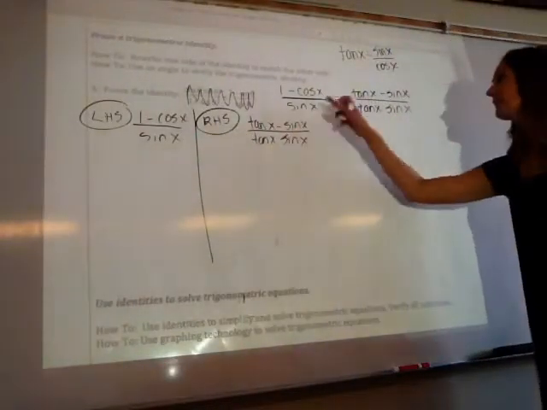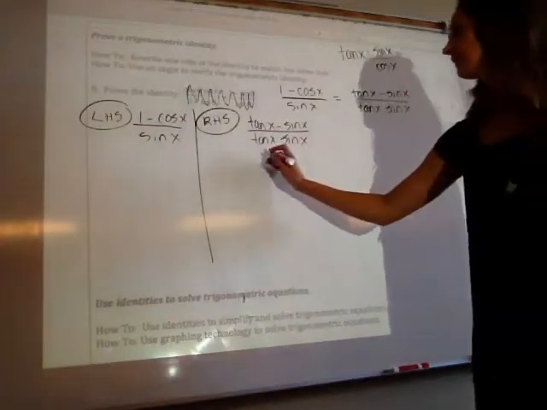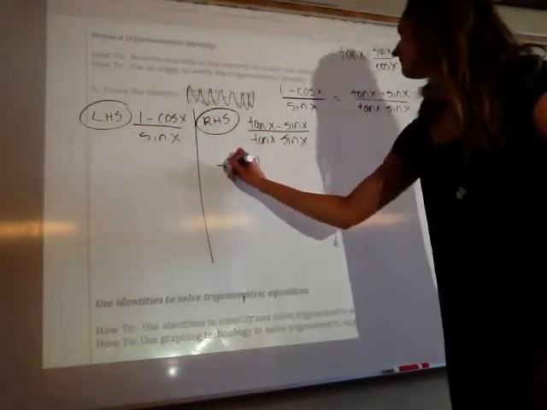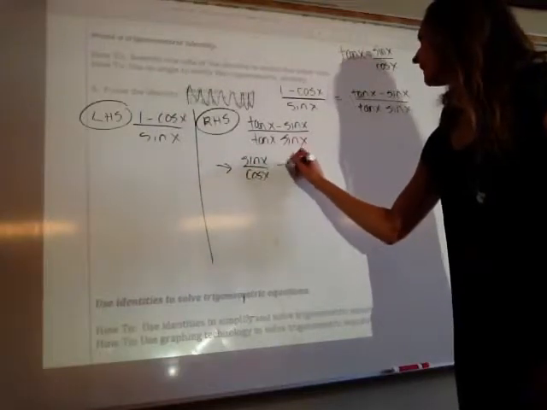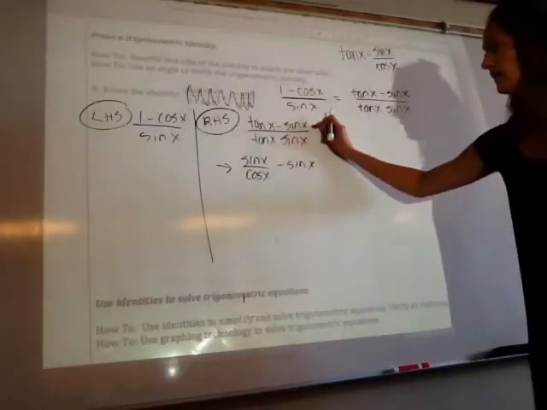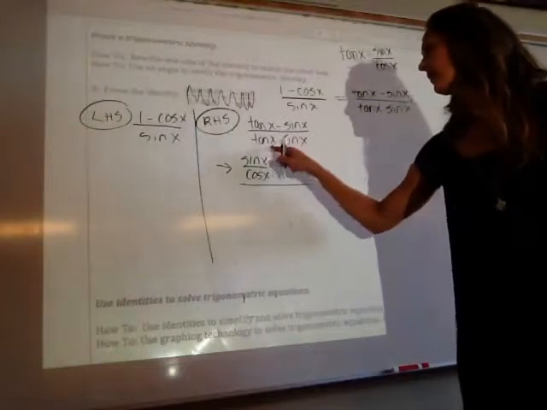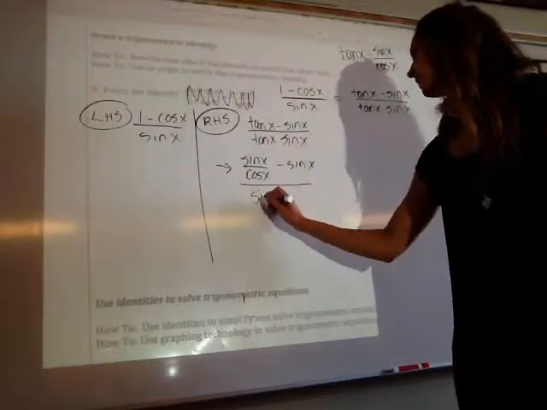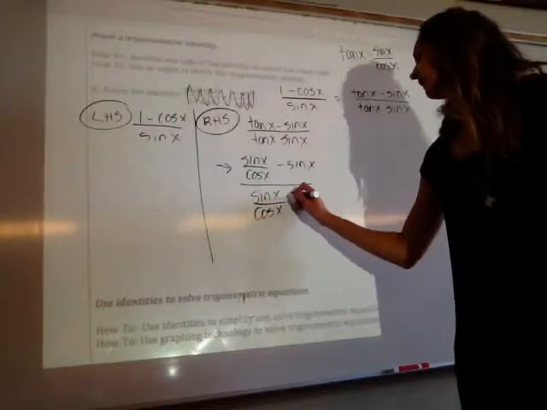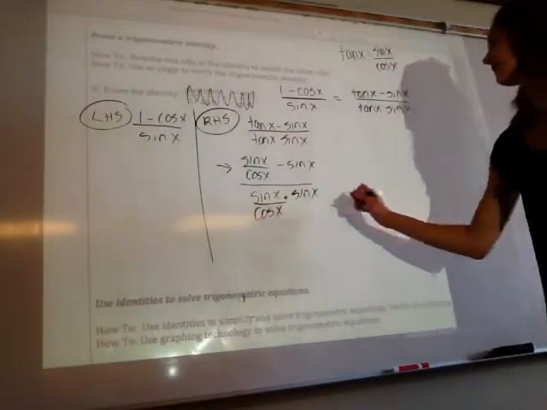So instead of tan x, let's write it as sine x over cosine x. So sine x over cosine x minus sine x, that's my numerator. And then I'm going to replace this tan with sine x over cosine x and multiply it with sine x.